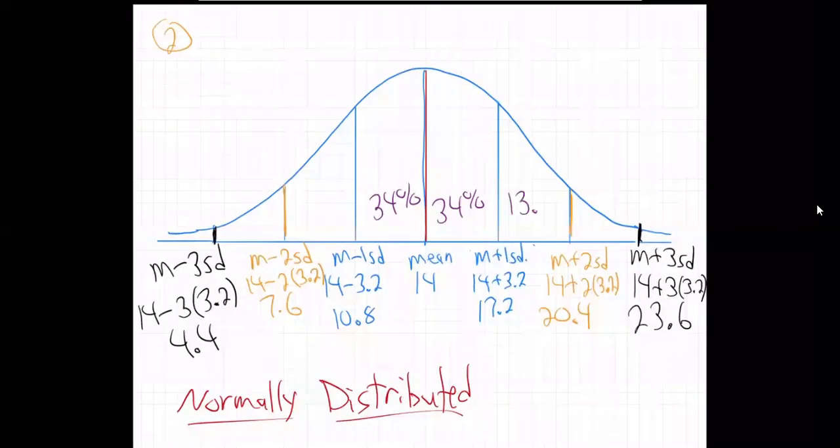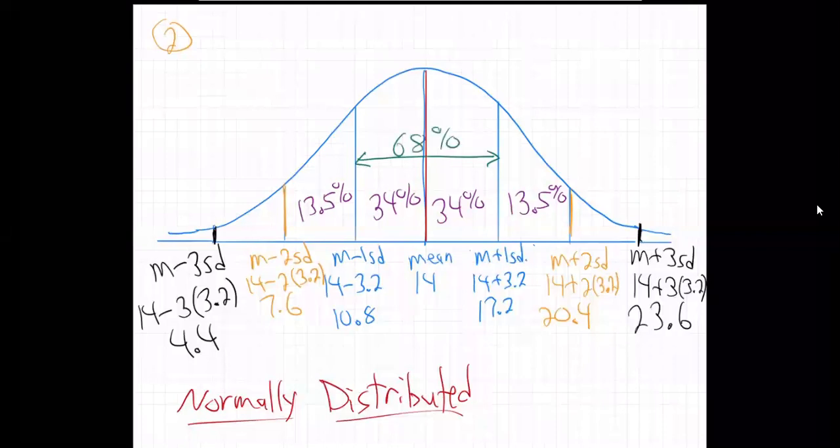This is 13.5, 13.5. Like that. What does that mean? Why am I doing this? Well, that means that between these two lines right here is 68% of all the people.